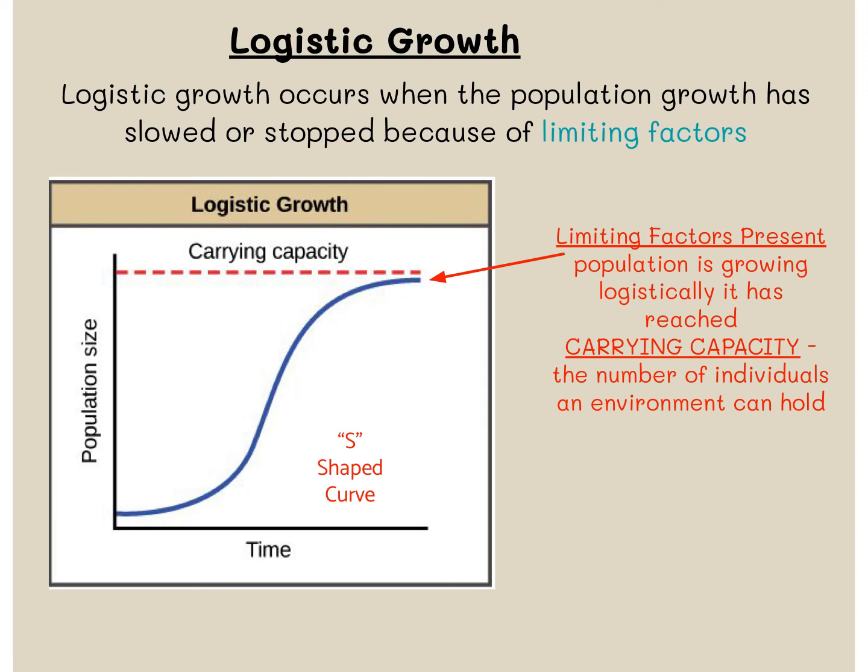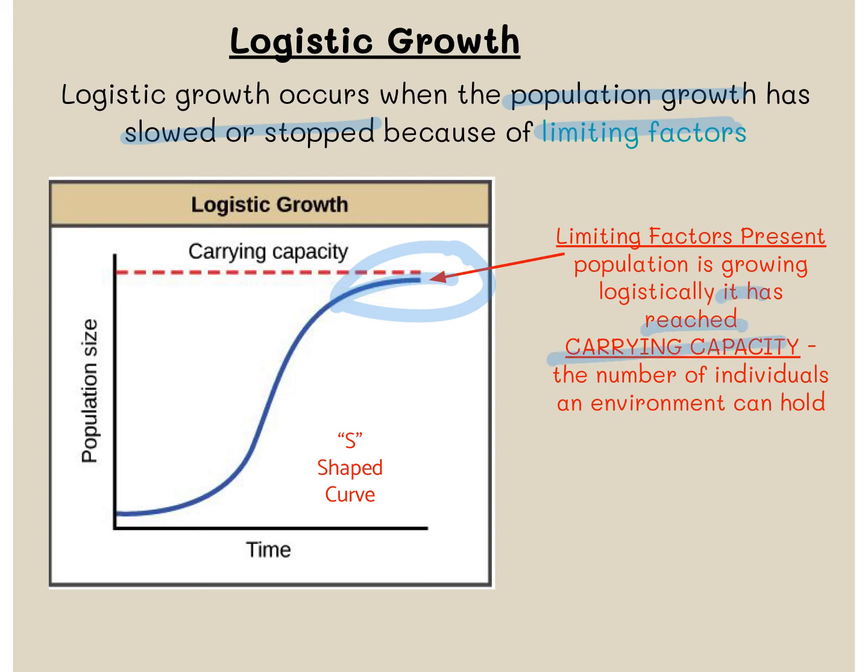So, a logistically growing population is when population growth has either slowed or stopped, which is what you're seeing right there. It's leveling off because there are some type of limiting factors. So, limiting factors are present, which is why the population has reached carrying capacity.